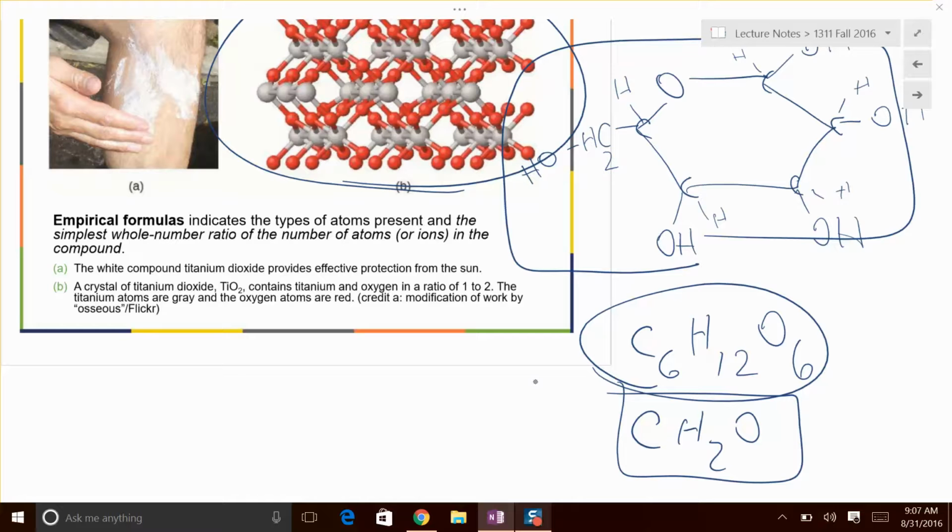All carbohydrates like glucose and fructose have C6H12O6 as their molecular formula, and their empirical formula is CH2O. Disaccharides basically have that same thing going on. So that's where carbohydrates get their name from. They're carbon water, essentially.